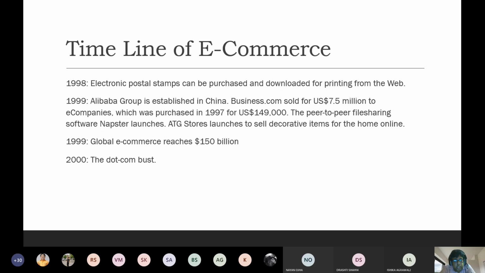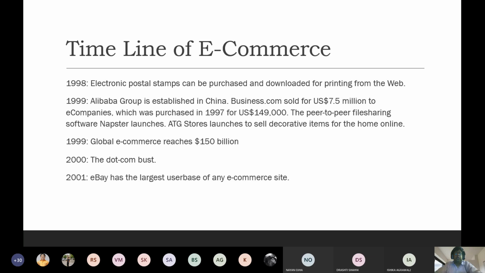Unfortunately, there was a huge pump in the market for these online businesses. Money was being pumped into the market, and companies were taking advantage of this to set up their online business. But unfortunately, not every business survived that period, and that's the reason why 2000 was considered the dot-com burst.